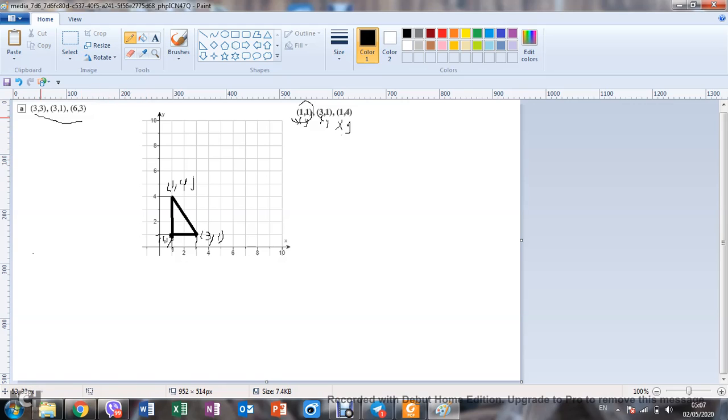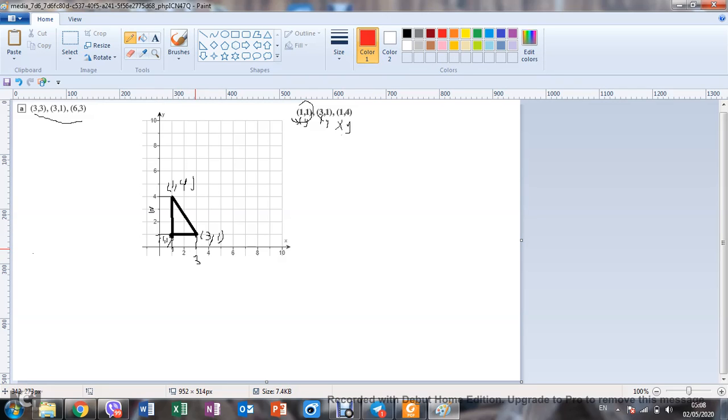So the first one, I transfer 3 with 3. Look, the 3 with 3. This 3 I have x 3 and y here 3, and here 3. By another color I'll do it. Okay, 3 with 3.